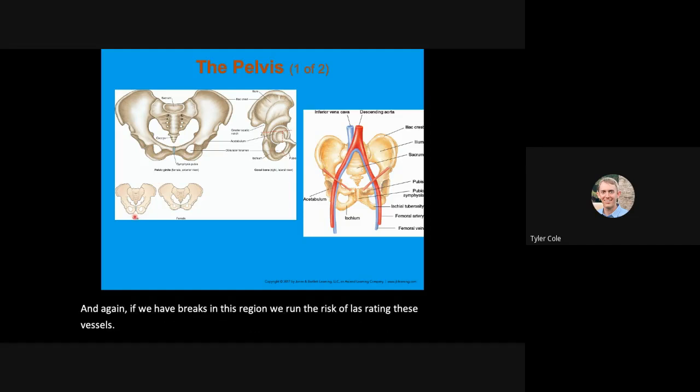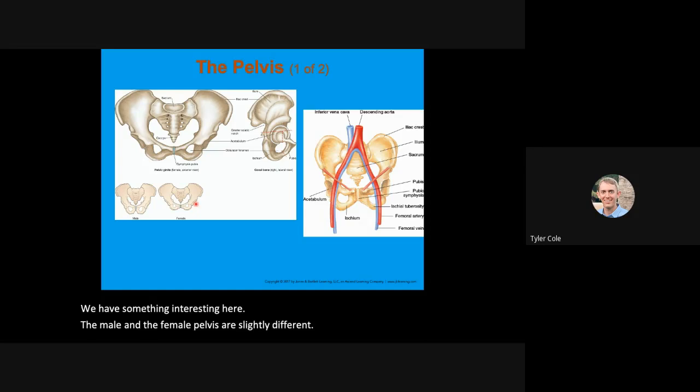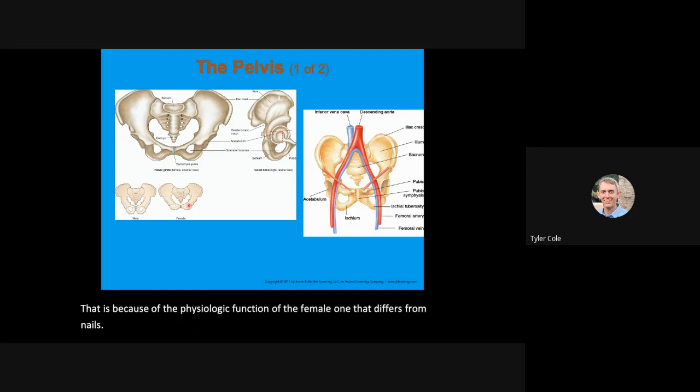Now, we have something interesting here. The male and the female pelvis are slightly different. That is because of the physiologic function of the female one that differs from males. Remember, females have to be able to have a certain level of flexibility when they are carrying a child.